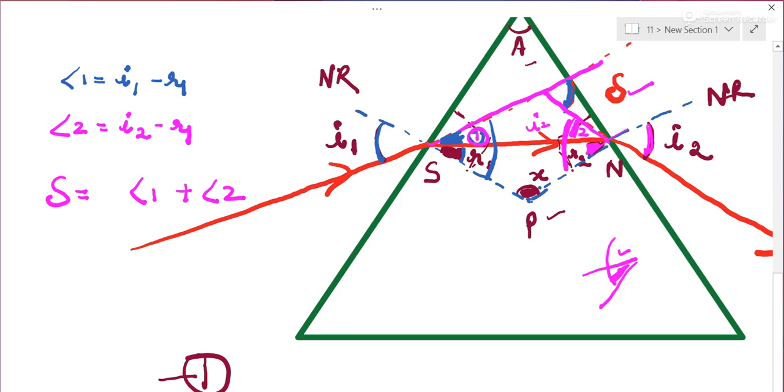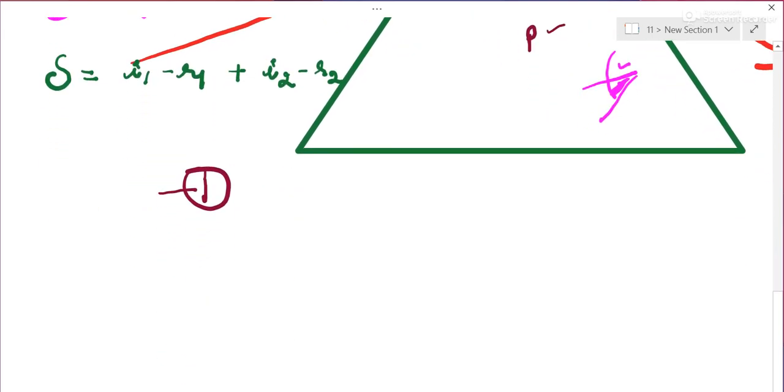Let us substitute the values of angle 1 and angle 2. So yes, the angle of deviation would be equal to I1 minus R1, that is the value of angle 1, and I2 minus R2. So we can write it as angle of deviation equals I1 plus I2 minus the common R1 plus R2.